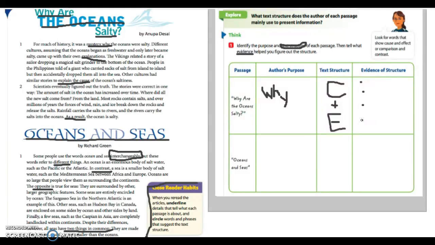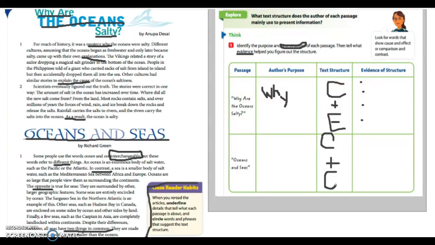Next, we have the text structure of Oceans and Seas. This is going to be a compare and contrast article because there are words such as different, in contrast, opposite, and in common. That is going to tell us it's compare and contrast.